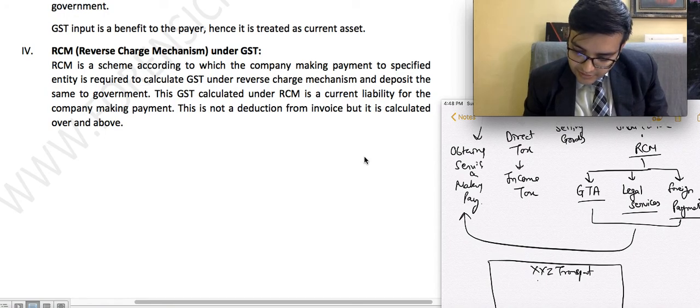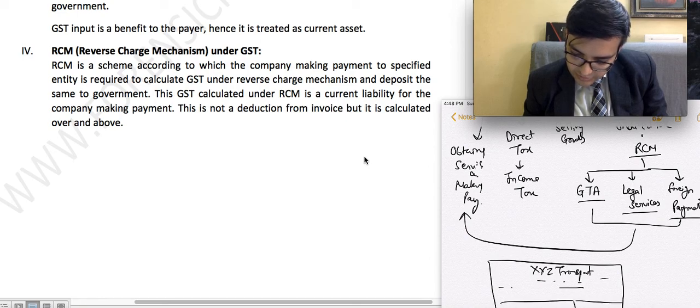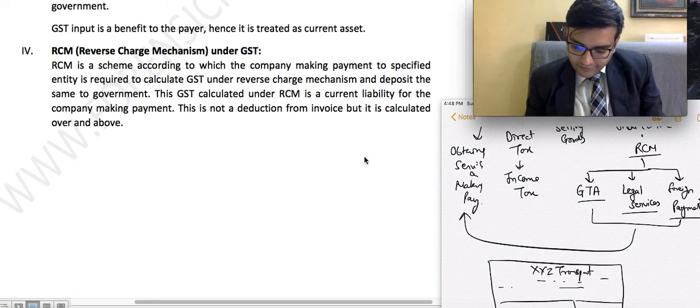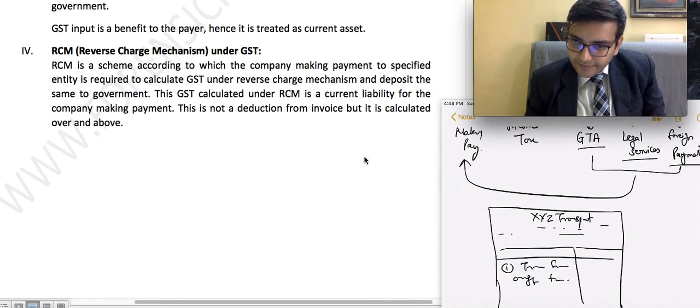This is the address, this is their PAN, this is the date. Now this is particulars, this is amount. They said for transport of XYZ furniture from one office to another office, they're charging 1 lakh rupees.